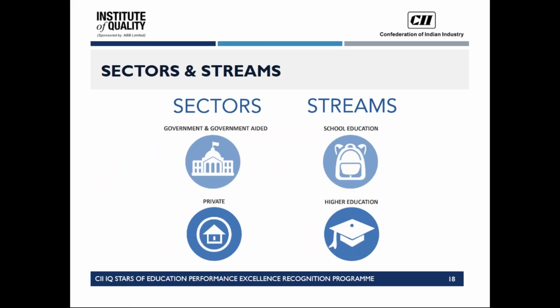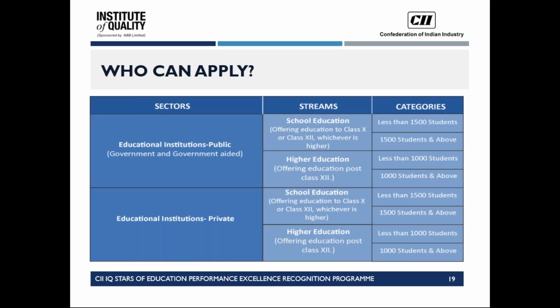Coming to the sectors. So here the sectors, we deal with all the institutions, government and government aided and private, and we are looking at 2 streams. One is the school education and the higher education stream. And if you see under the sectors and the streams, we have categorized them further based on the strength of the students.